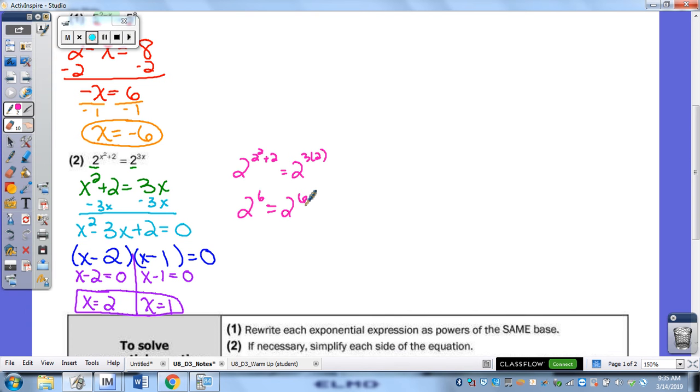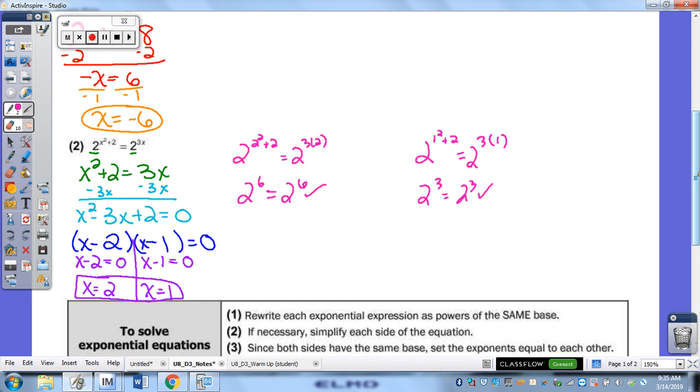So yes, 2 works out, we get to keep that one. So now we got to plug in the 1 to make sure that that also works. So 1 squared is 1, plus 2 gives me a 3, and then 3 times 1 also gives me a 3, so that checks. 2 to the third equals 2 to the third.